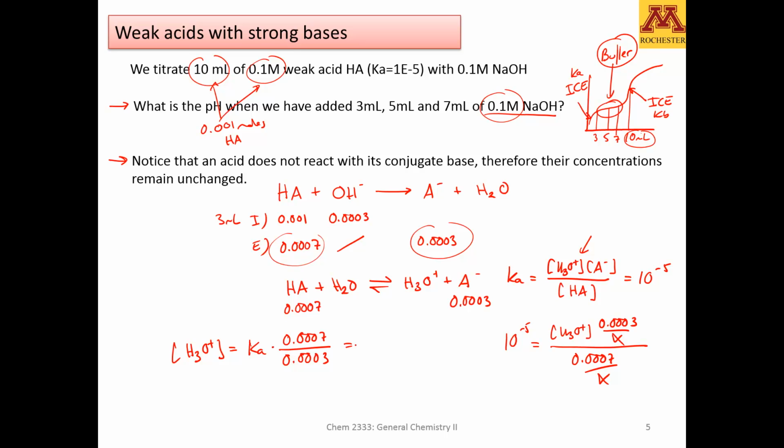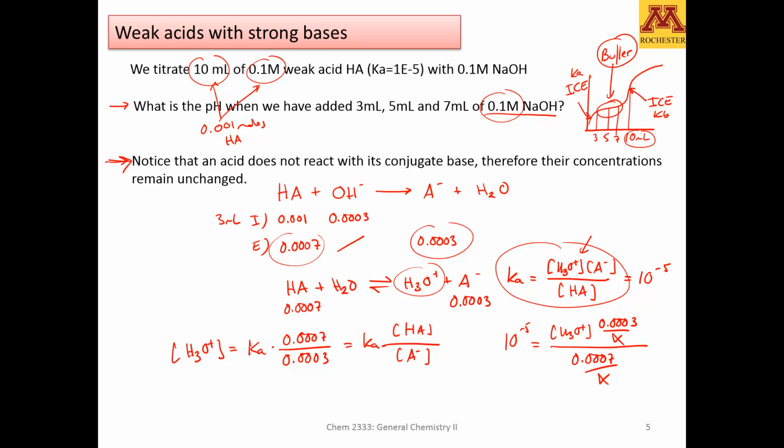In case you wonder where these equations come from, this is HA divided by A minus. So you can use the very definition of Ka to find the concentration, because we assume, as I said up here, that these concentrations remain unchanged. Therefore, the equilibrium is already determined through the Ka.